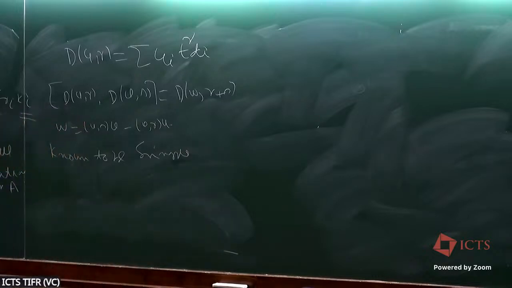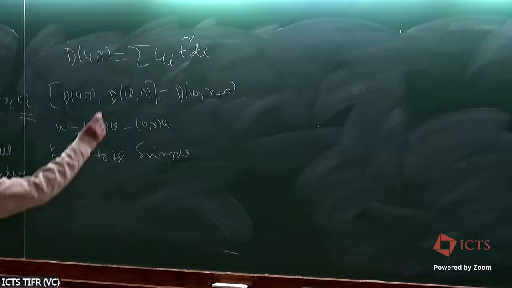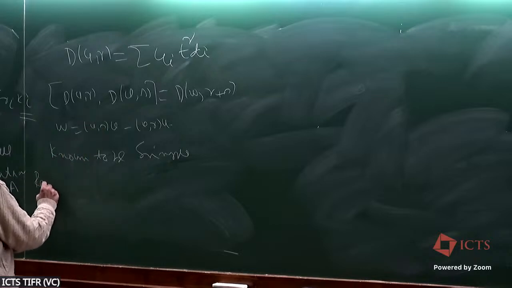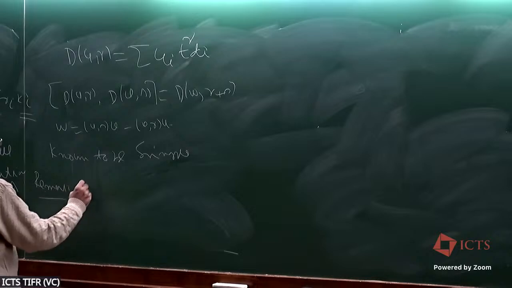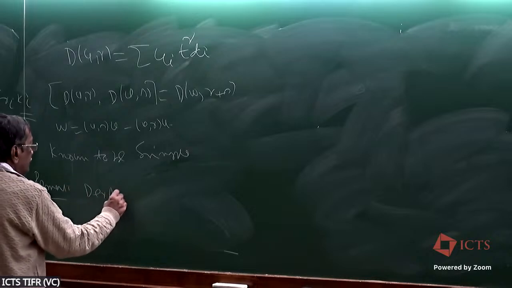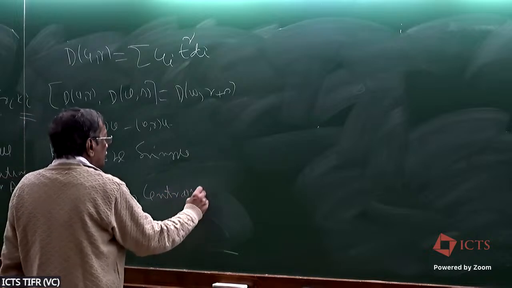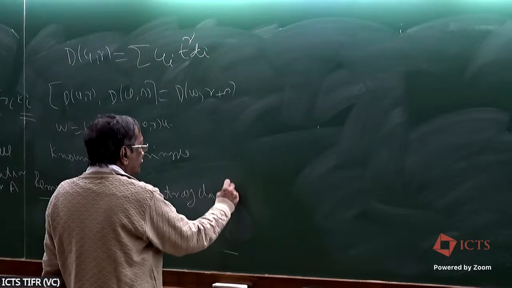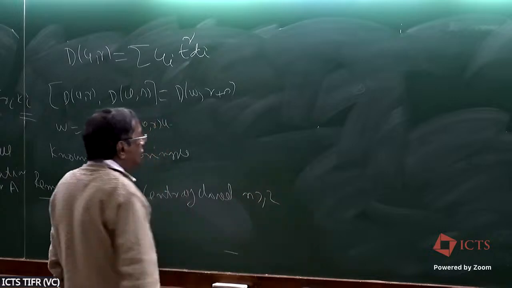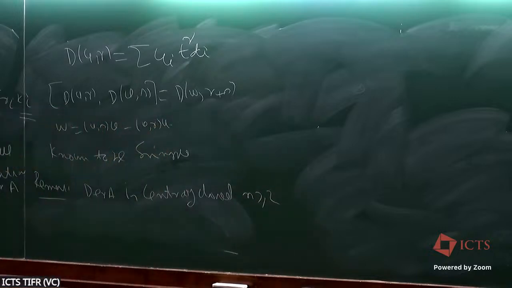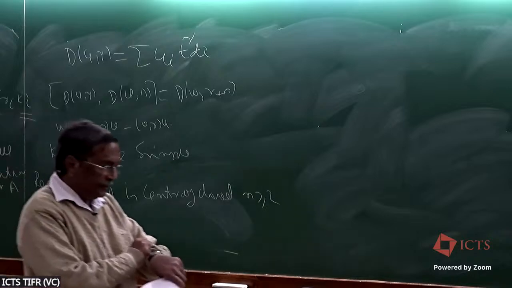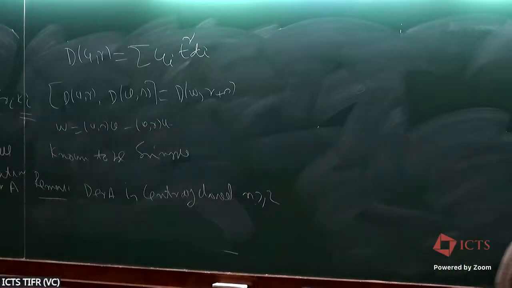So, what are the modules for this? So, one thing is Der A is centrally closed. No central extensions. It is true. This result came from some physics people long back, but it has an abelian extension, which maybe if time permits, I will come to that. I don't have much time, I think.